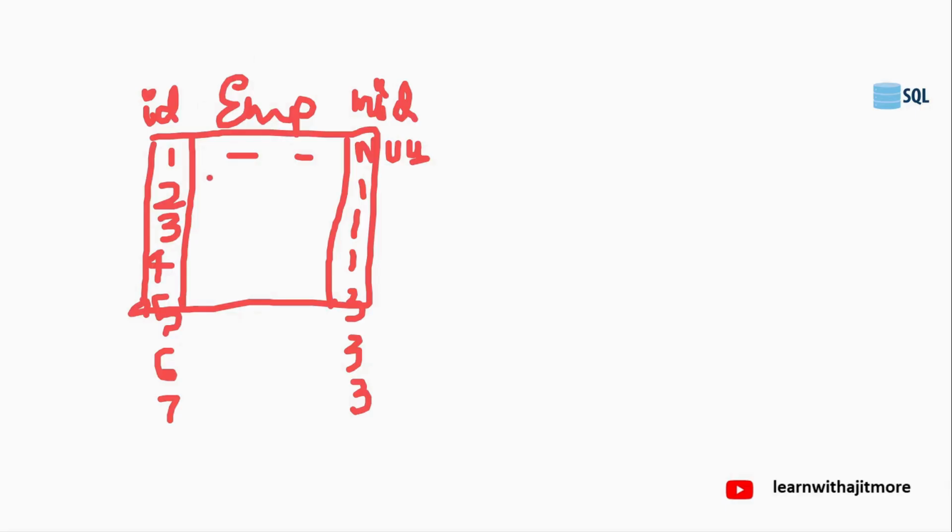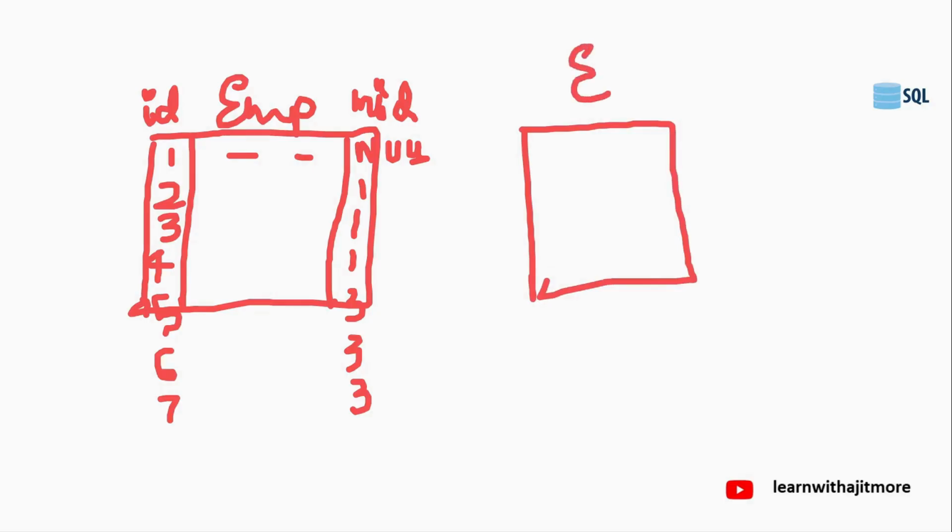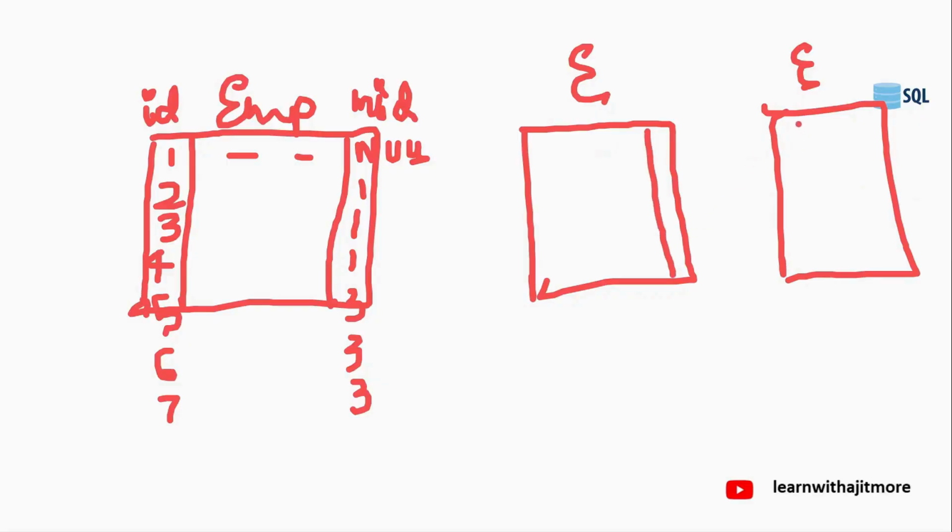So in that case, you can take a join of itself as well, employee with employee. Assume this is one employee and we are taking another copy of that employee. Imagine like that, employee and its own copy only. But how are you relating this copy's manager ID with this copy's employee ID?